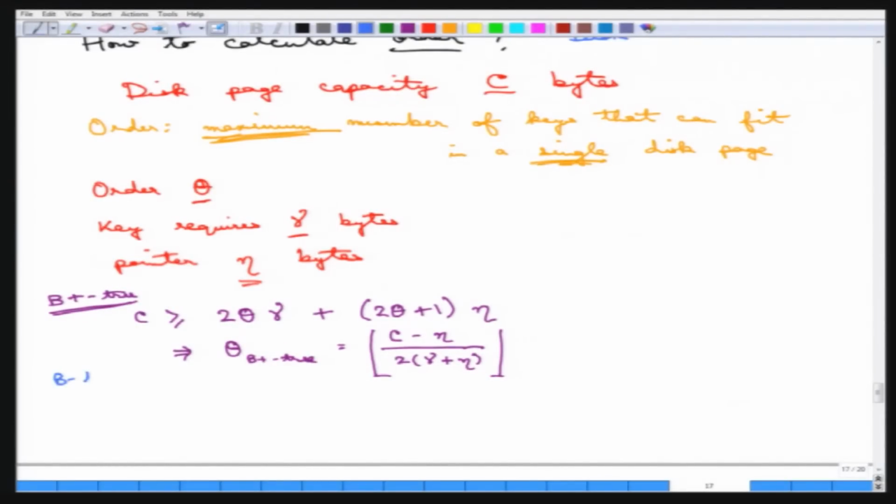For a B tree, the same thing can be done, except there is something more. There is 2 theta times gamma, the number of bytes required to store the 2 theta keys.